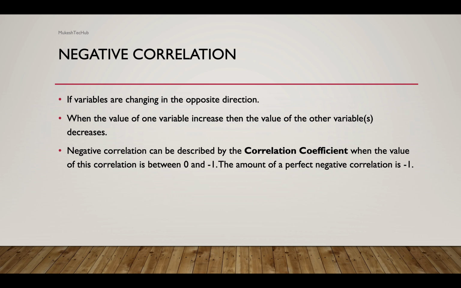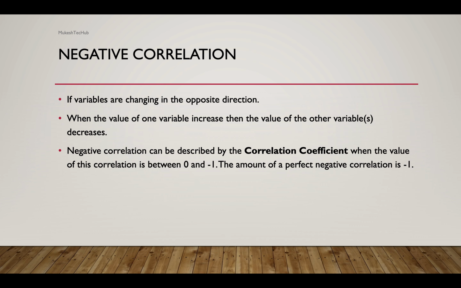Or we can say the correlation coefficient is used to determine how strong the relationship between two variables is, and its value ranges from -1 to 1. -1 represents negative correlation and 1 represents positive correlation, right? So this is the correlation coefficient.